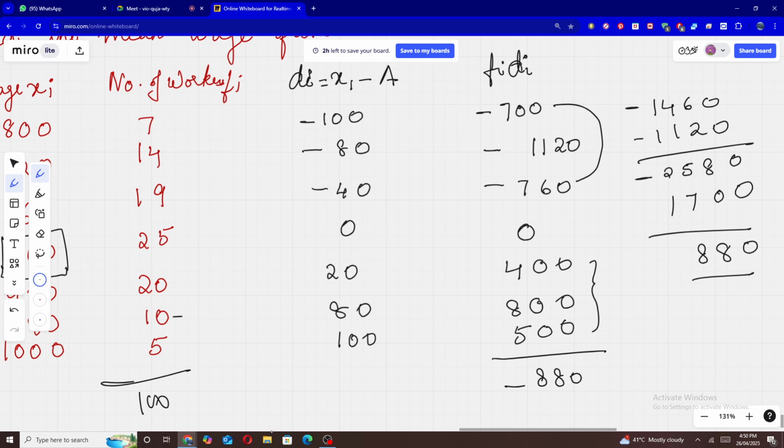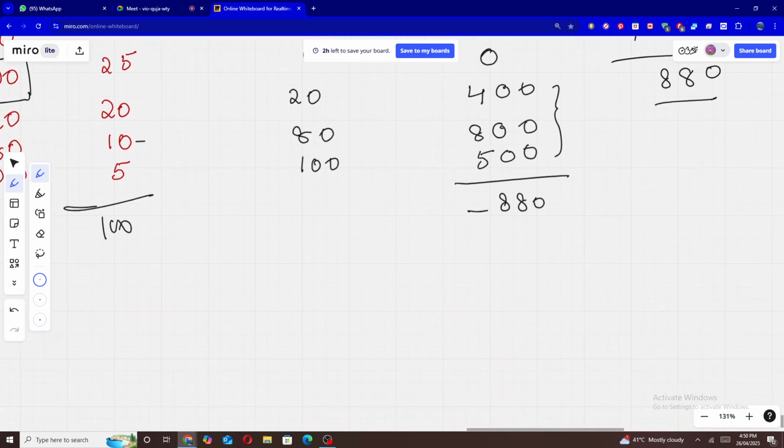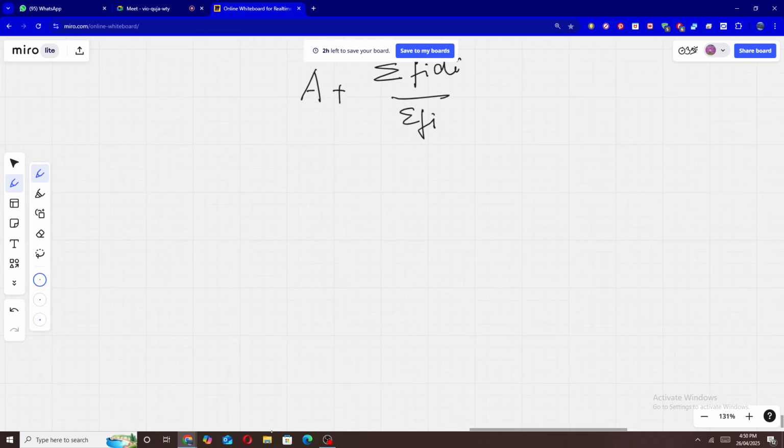So your formula is A plus sigma fi di by sigma fi. So that was easy. I don't know why you are making mistakes.